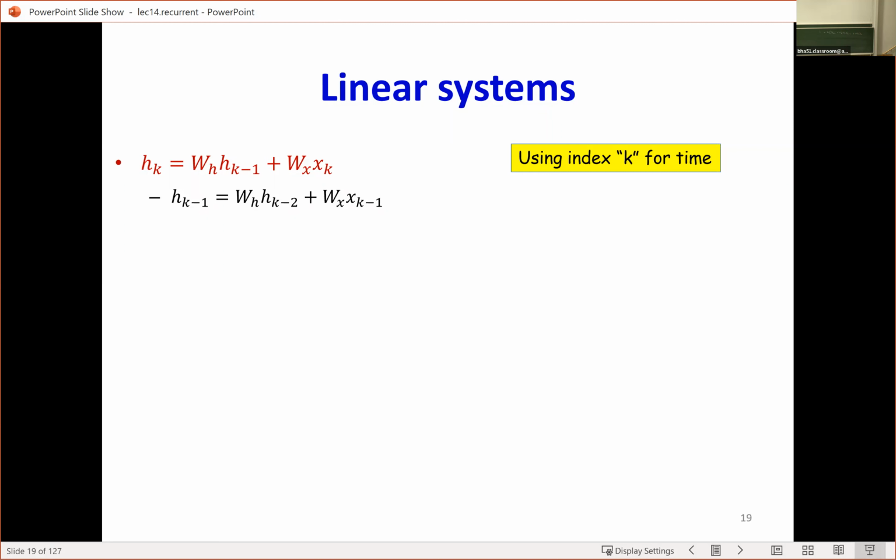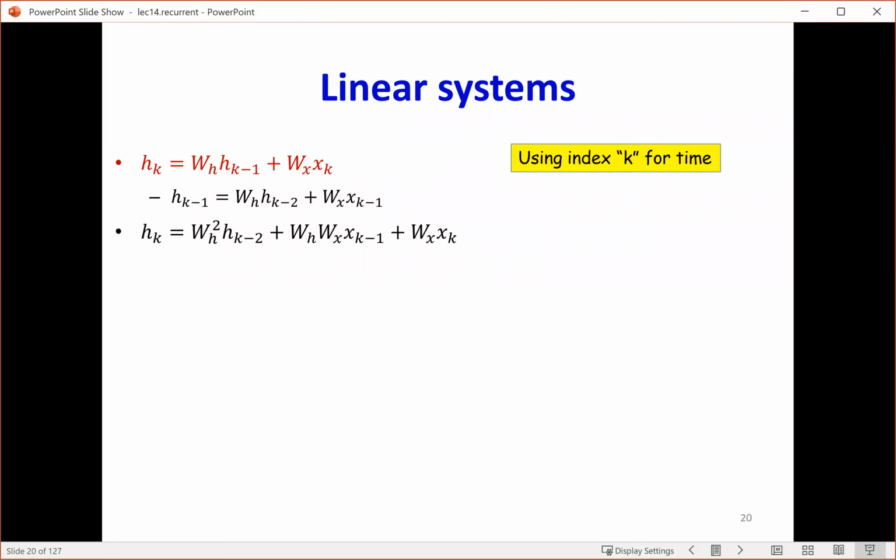Who's 150 on Zoom? Can you hear me? Yeah, so can you tell me how I can write h_k in terms of h_{k-3}? I've just written this down here. How can I write it in terms of h_{k-3}, because h_{k-2} is a function of h_{k-3}? So you just plug in h_{k-2} as a function of h_{k-3}. Can you give me the equation?